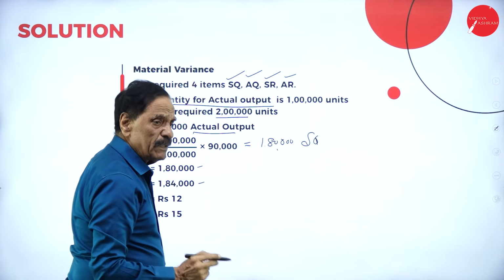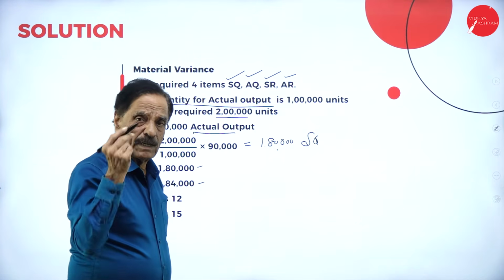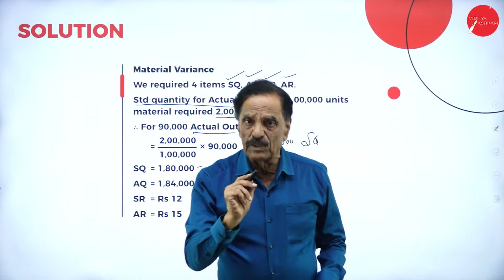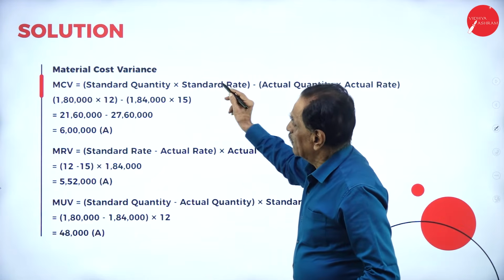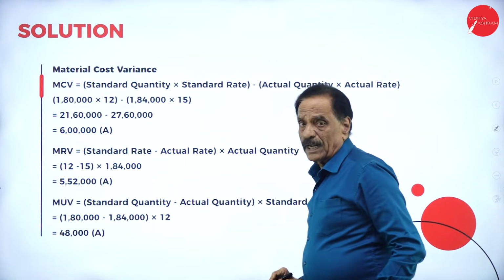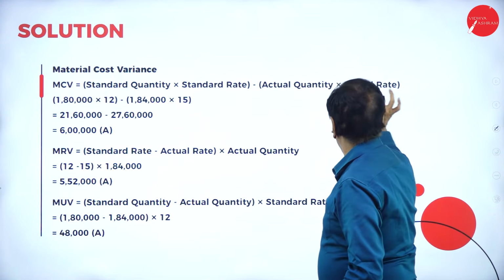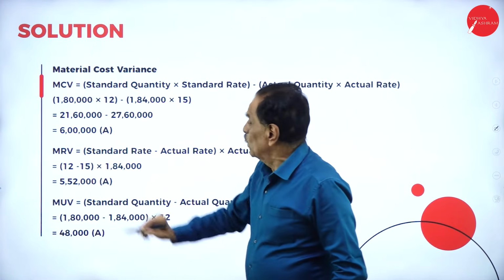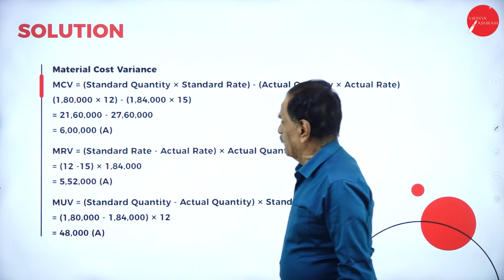So for material variance, first we have to calculate material cost variance, material rate variance, and material usage variance. Material cost variance, MCV: standard quantity into standard rate minus actual quantity into actual rate. What's your standard quantity? What we have calculated: 1,80,000 into 12.